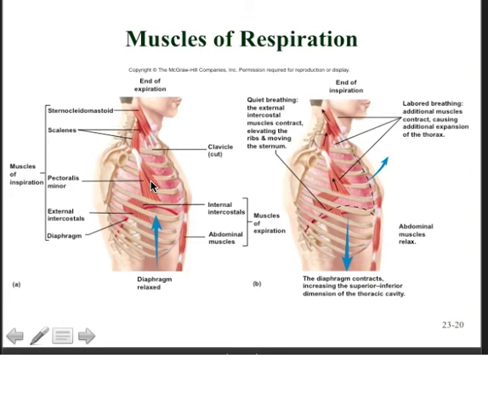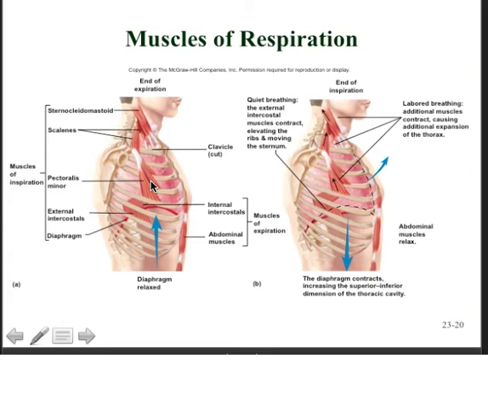On the right, you can see the muscles involved in inspiration. And what you're observing here is a contraction of the diaphragm causing it to flatten. At the same time, if we're imagining now forced inspiration, the pec minor and the intercostals, along with the sternocleidomastoid and the scalenes, allow the chest cage to thrust forward and expand outward.